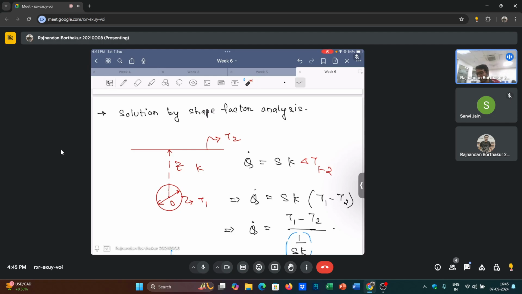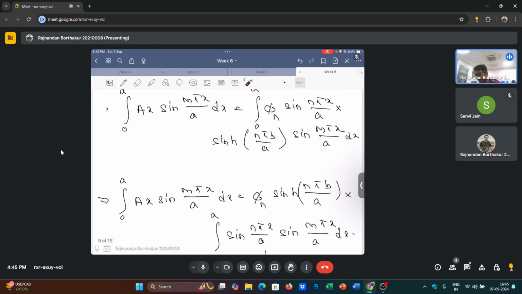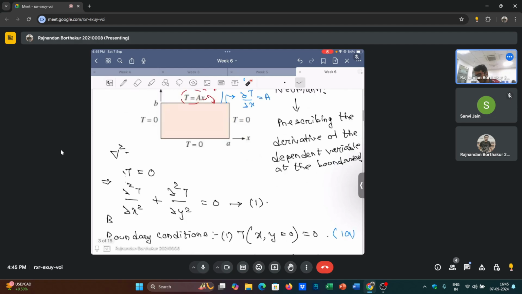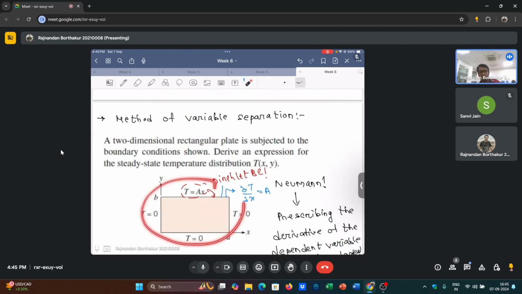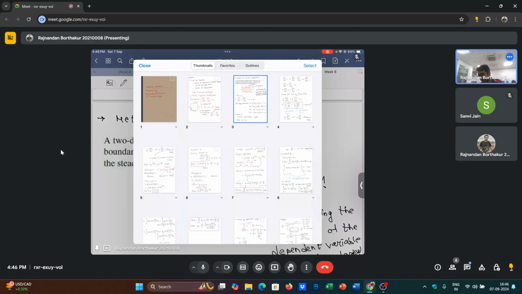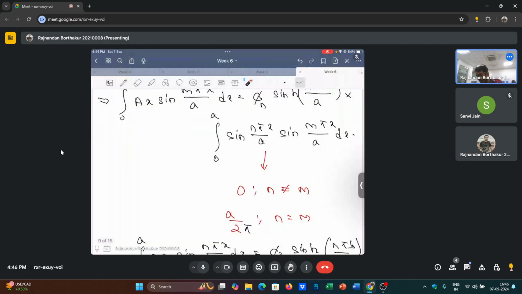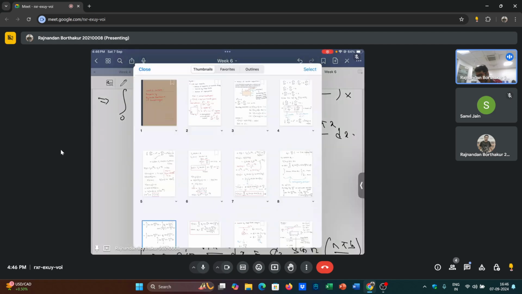You solved a simple problem, remember, where the temperature was prescribed on one face and in all other faces there were just homogeneous boundary conditions. Still, you can appreciate how big and cumbersome the algebra has become, and that's why in a practical sense it is a little bit difficult to use this analysis.